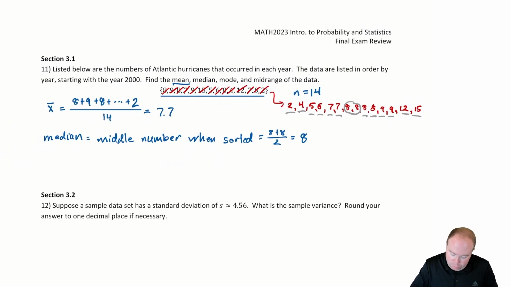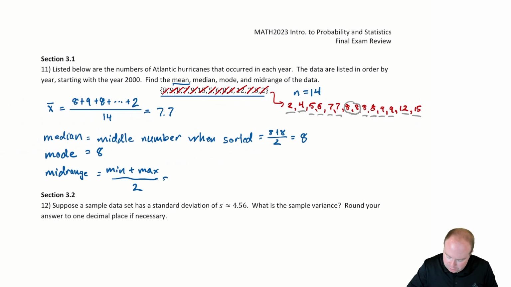The mode is simply the most common number. So here the mode, the most common number, was also 8. And then the mid-range is going to be the min plus the max divided by 2.